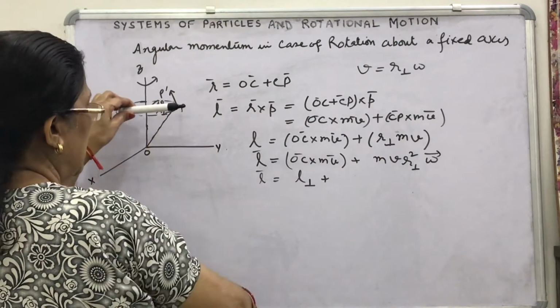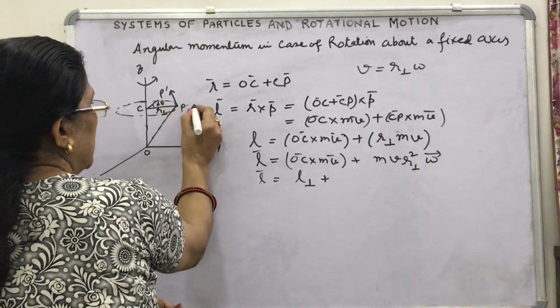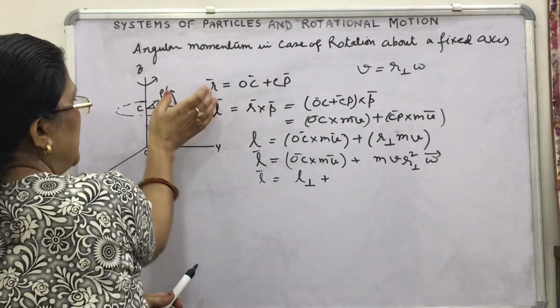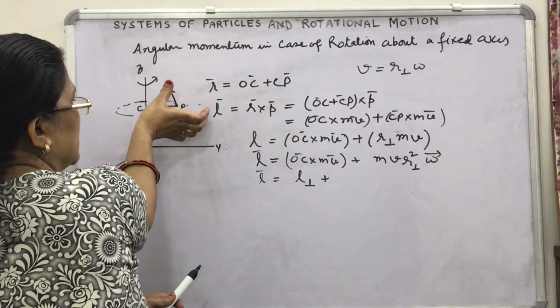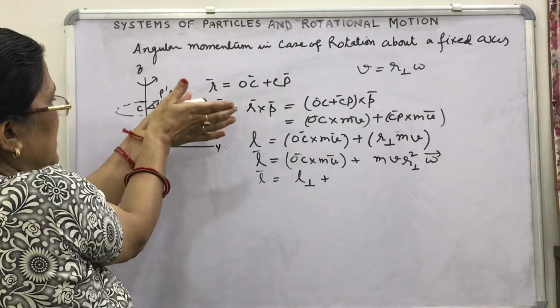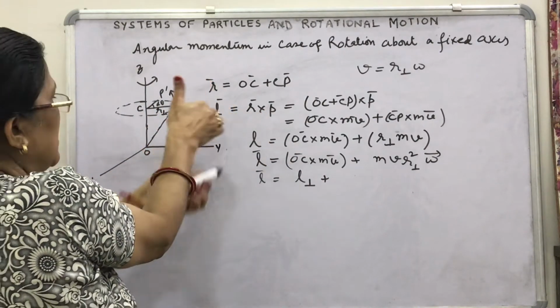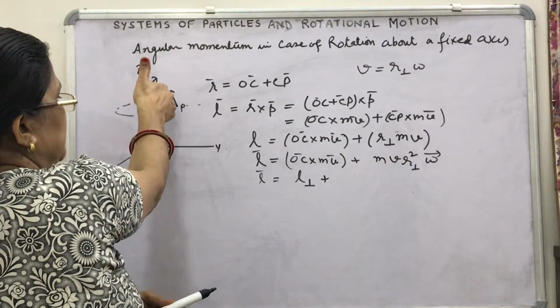If this is R and this is V, if this is the radius vector, then R towards V. Look here, from R towards V, curling of the fingers, this is R and this is V, R towards V. Then the thumb is along the Z axis.